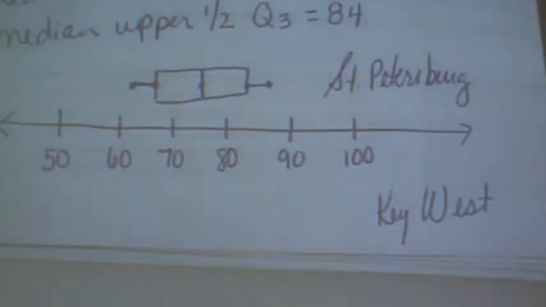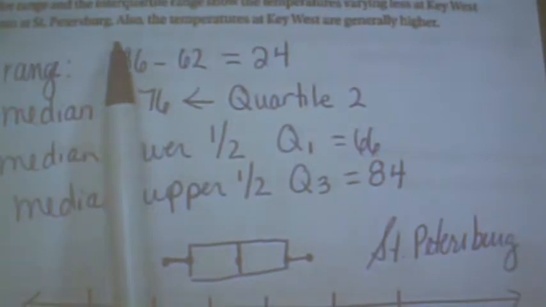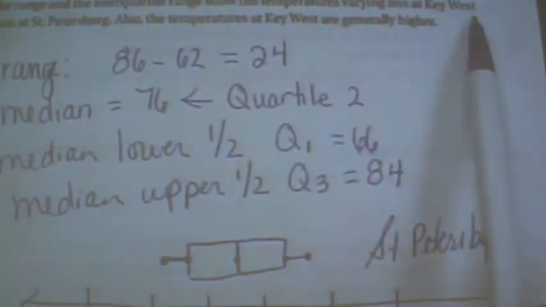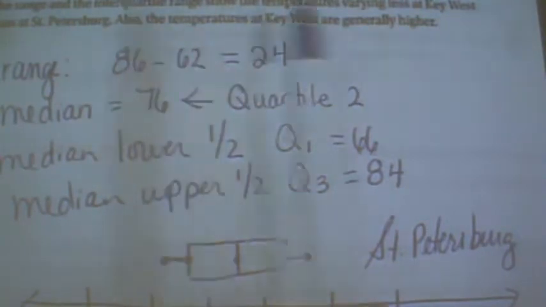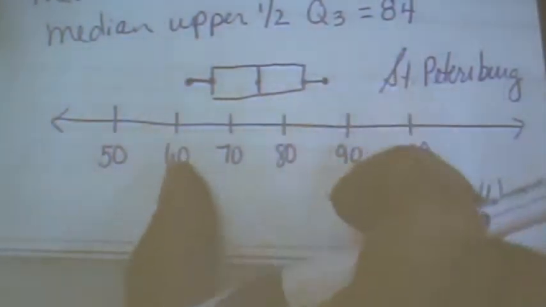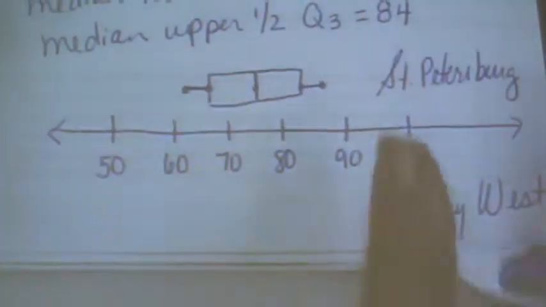You can say the median for St. Petersburg might be higher or lower, or whatever you want to do. Here it says the range and the interquartile range showed the temperature varying less at Key West than at St. Petersburg. The temperatures at Key West are generally higher.